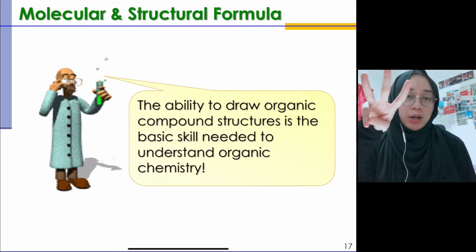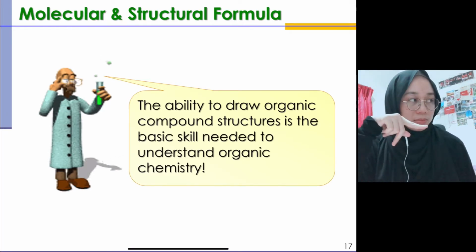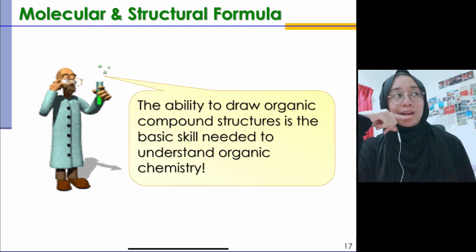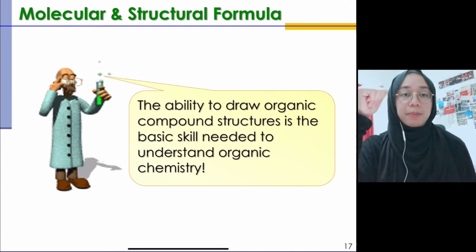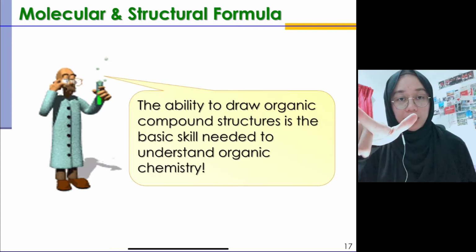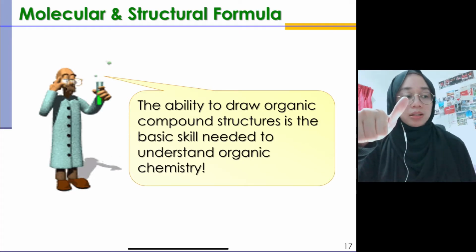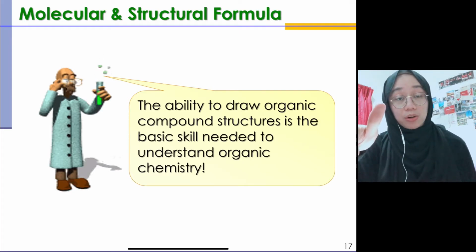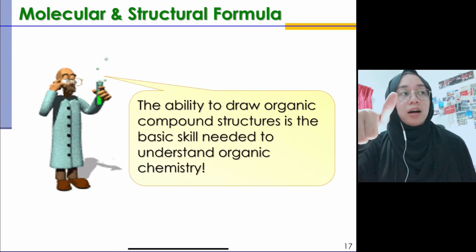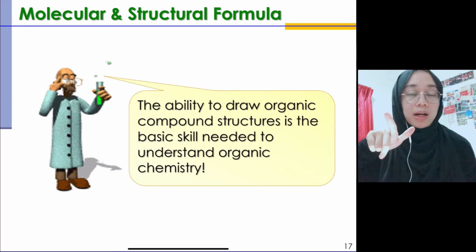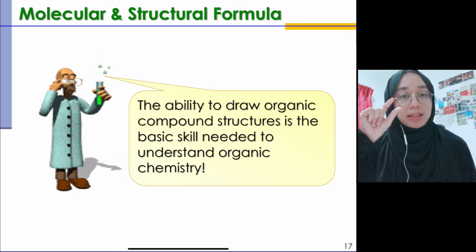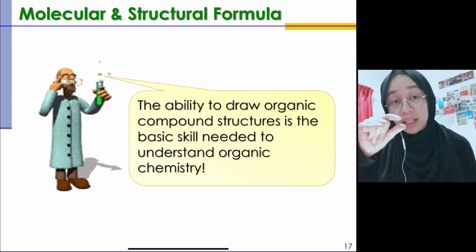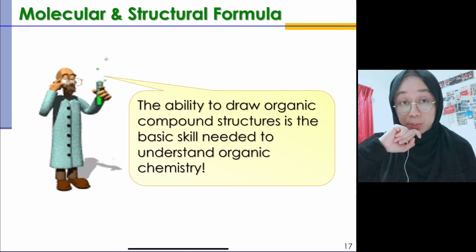Okay, 2 benda yang kamu dah belajar waktu daripada sekolah lagi, and including daripada SEM 1 hari tu, which is empirical formula dengan molecular formula. Empirical formula is the simplest whole number ratio of atoms yang ada dalam a compound kan. Okay. Meanwhile, kalau molecular formula pula, dia akan tunjuk the exact number of atoms yang ada dalam compound tersebut.